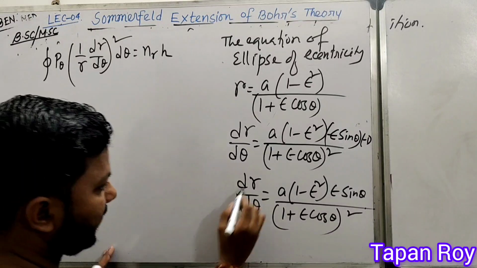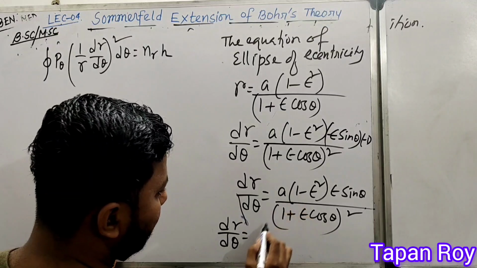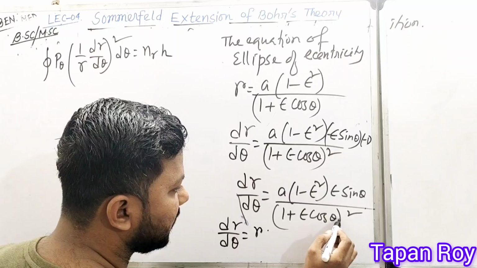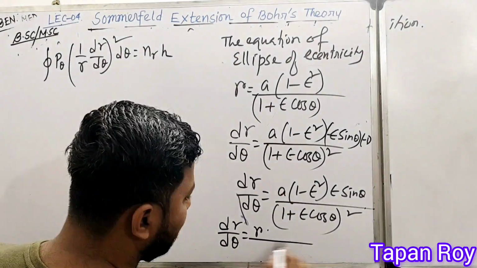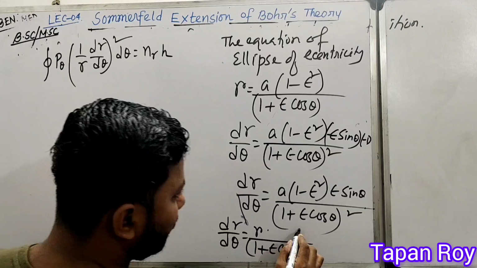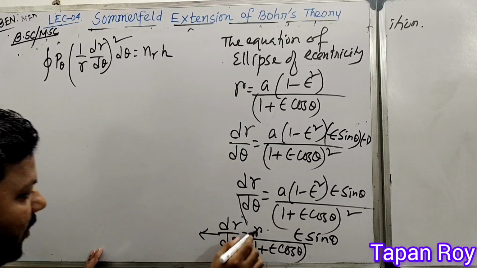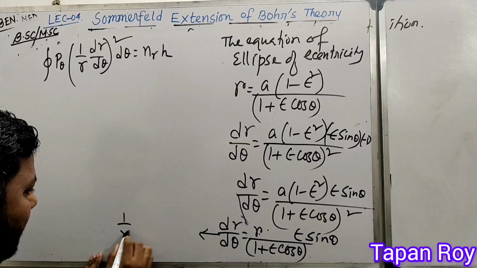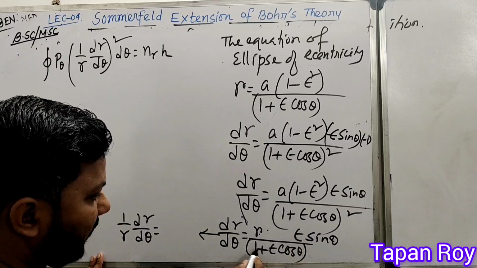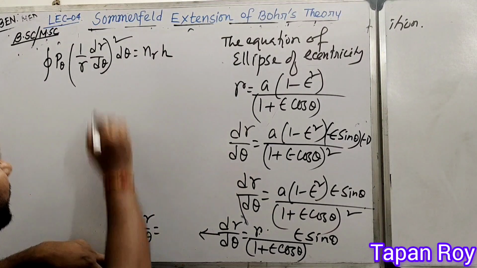Okay, now let's see, this is dr by d theta, and this is r, a into 1 minus epsilon square by 1 plus epsilon into cos theta, this is r. So another part is here 1 plus epsilon into cos theta, right, into epsilon into sin theta, right? So from these equations, this is 1 by r into dr by d theta is equal to epsilon sin theta by 1 plus epsilon cos theta. Okay, and this value will be put here, right?